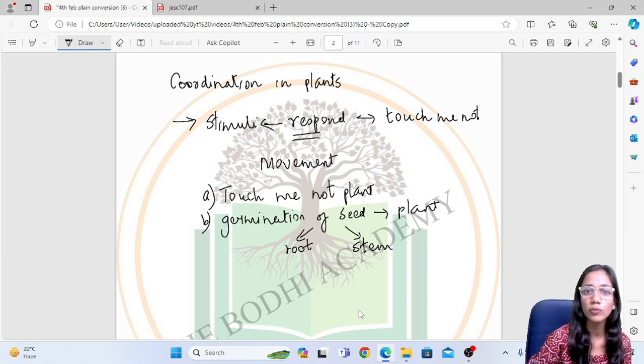We notice that there is movement in both these conditions, right?